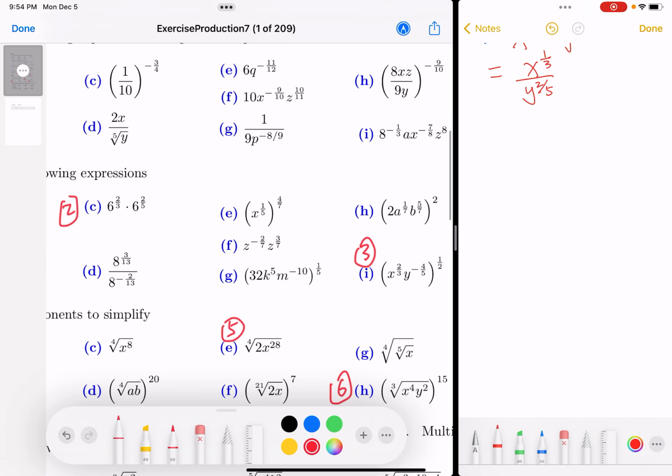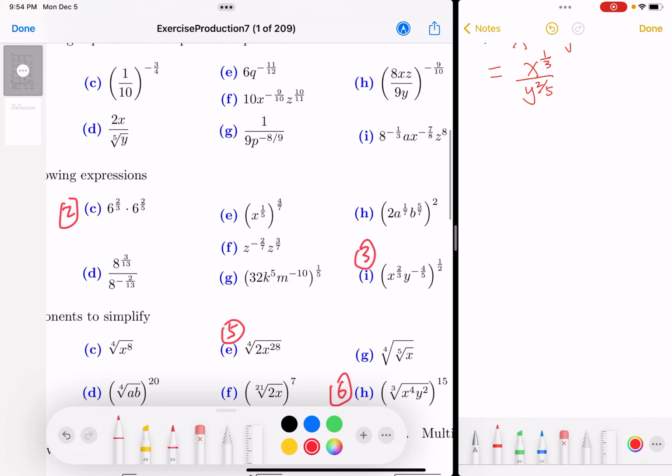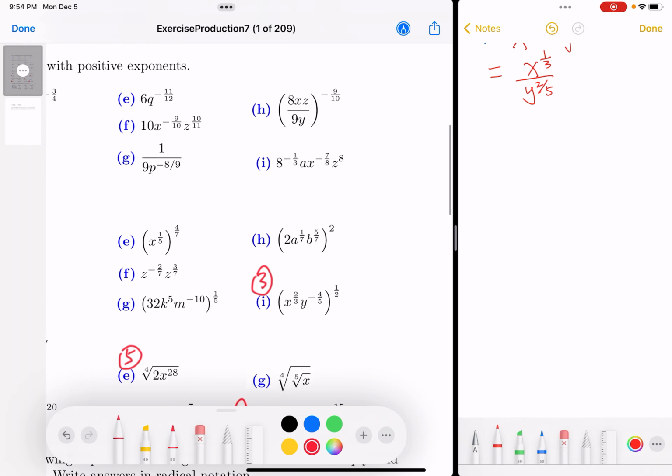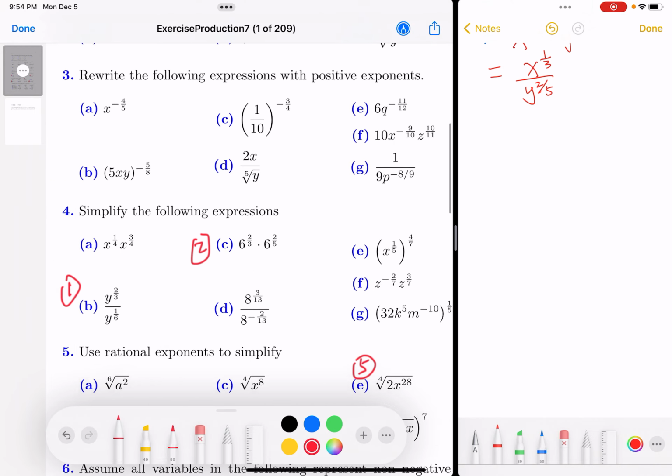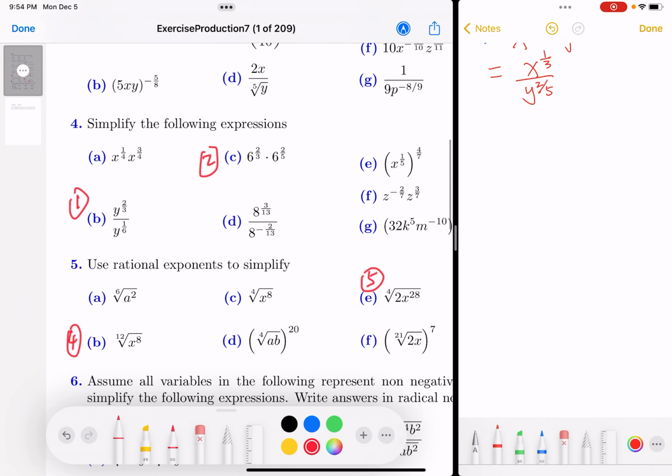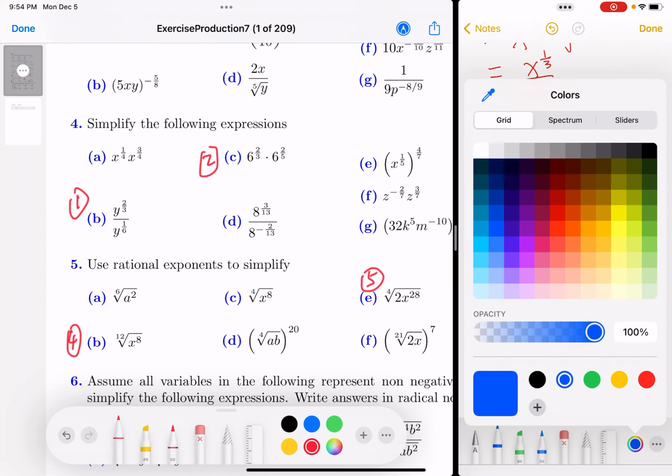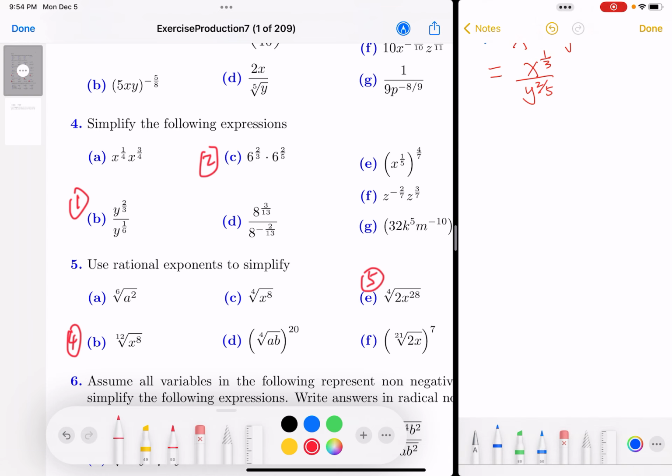Let's look at the second 3 questions. Okay? Here is the 4th one. Let me change the color to blue. The 4th one says that we want again to use rational exponents to simplify.